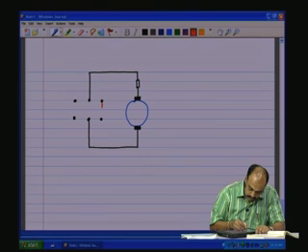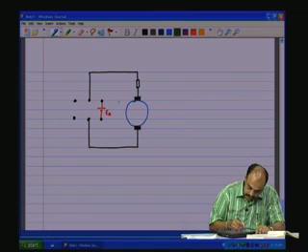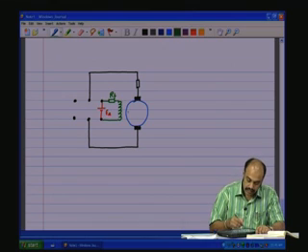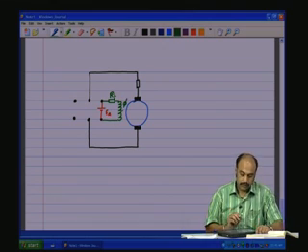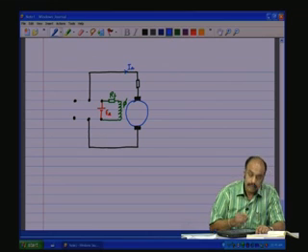So, here I am going to put our EA, okay, EA. Now, there is of course, the field winding which is also going to be connected to EA. So, this is RF and there is going to be a IF field. So, this is going to generate your phi. Okay. Now, this is your IA, armature current.